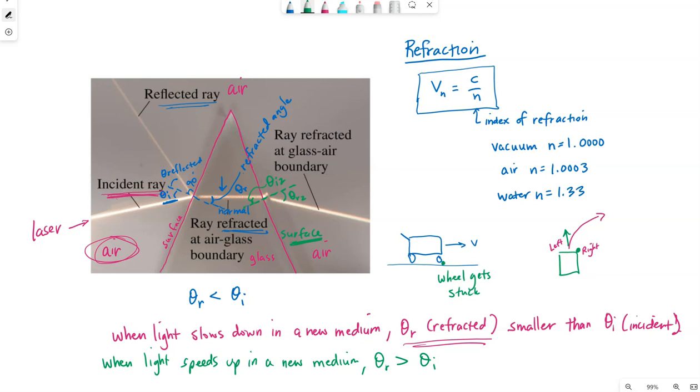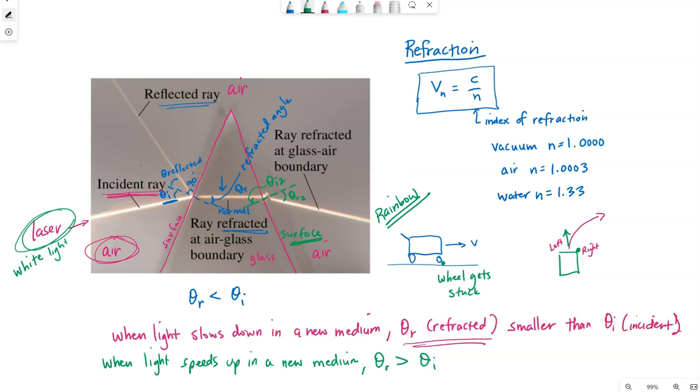Now, if instead of a laser, if this had been just white light, we would see a rainbow on the right side, as it came out of this glass, because this is essentially a prism.